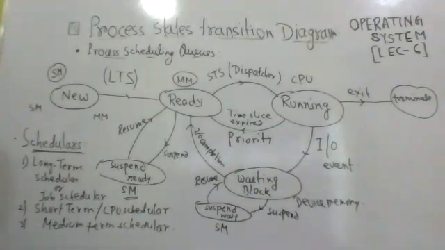So with the help of the dispatcher, the short-term scheduler can select a process from the ready queue and put it into the running state. So this is our other scheduler, the short-term scheduler, also called the CPU scheduler.